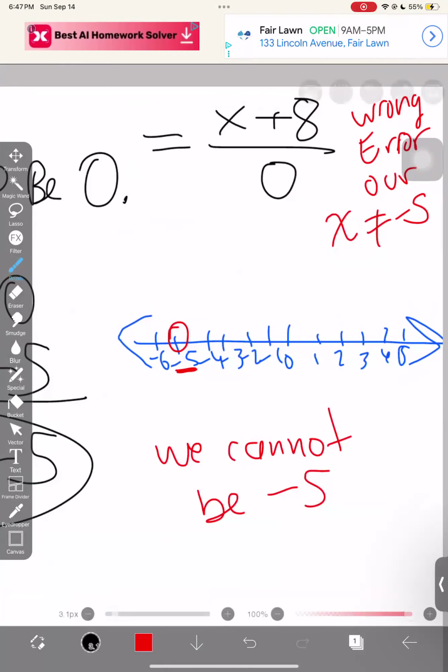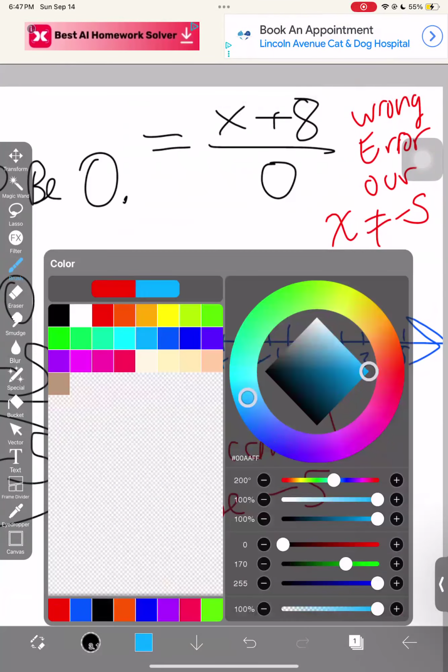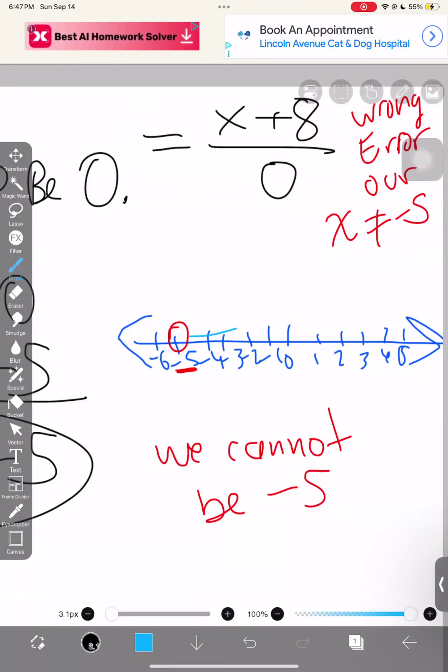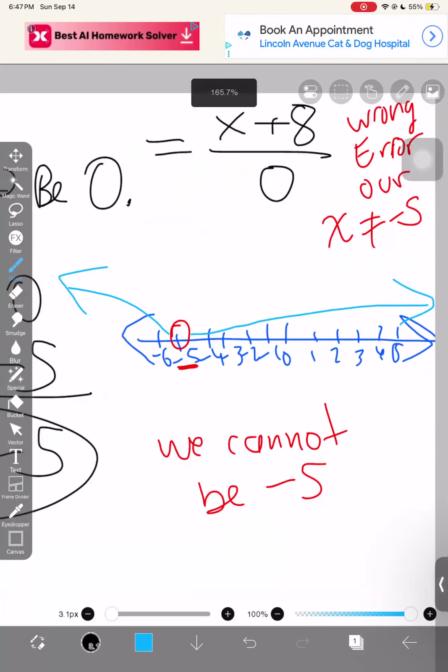So that means from -5, all of this is true, and all of that is true. But -5, we cannot be -5.